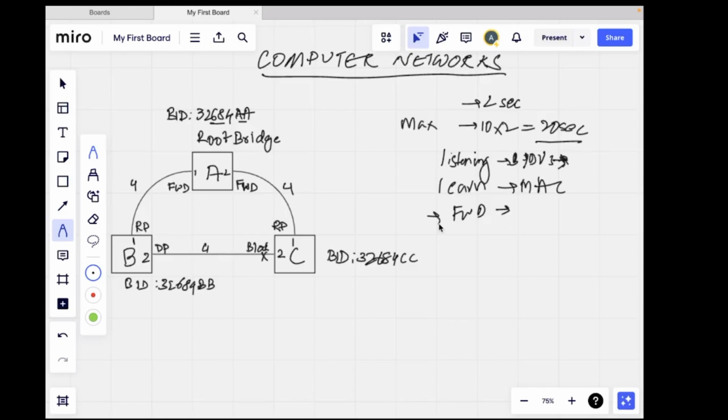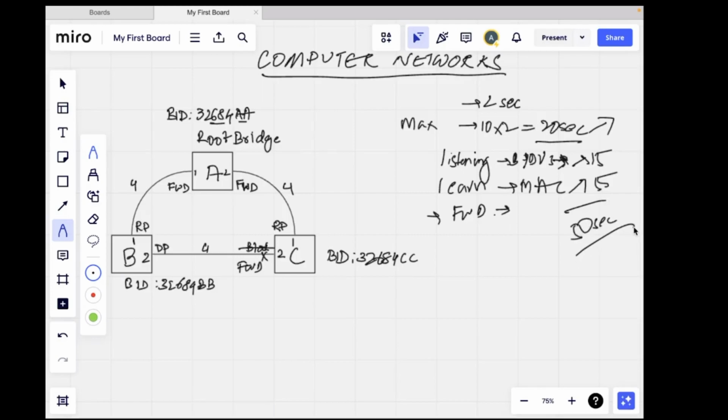Once it's in the forwarding stage, the traffic will start flowing. The max age wait takes 20 seconds, then 15 seconds of listening, and 15 seconds of learning the MAC addresses. So 20 plus 15 is 35, plus 15 is 50, so it takes almost 50 seconds.